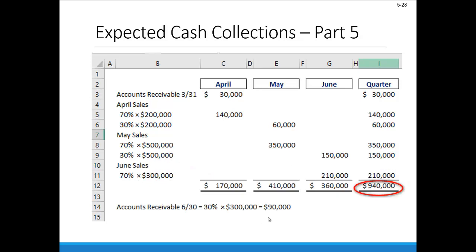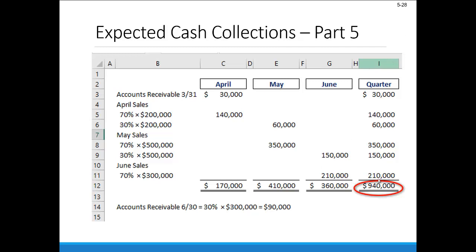And then finally, June sales, same thing, $300,000 in total, 70% assumed being collected in June, so $210,000. The other 30%, note that those are going to be assumed to be collected in July, which is outside of the time frame of this quarter, what we're looking at here on this schedule.